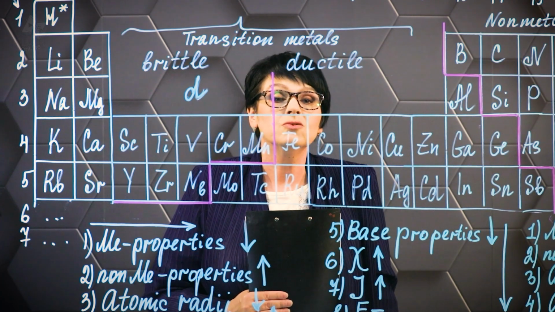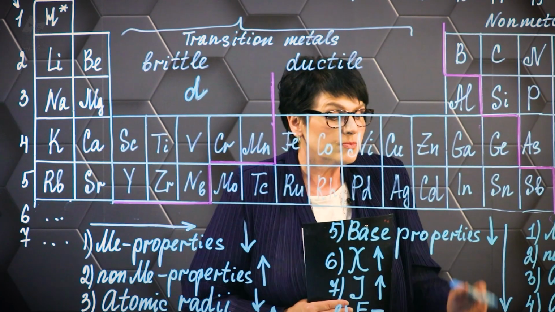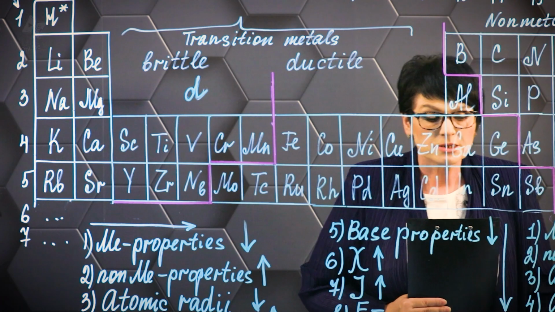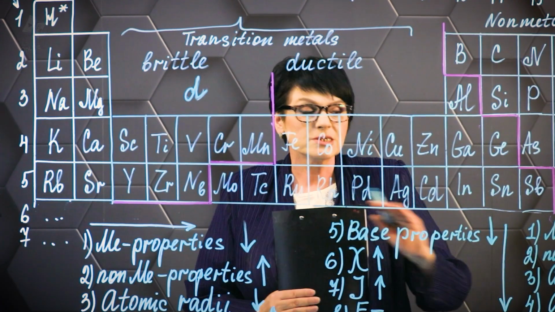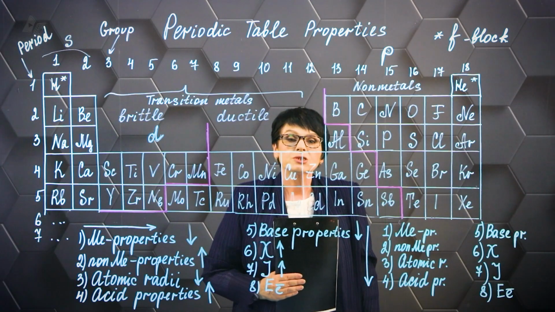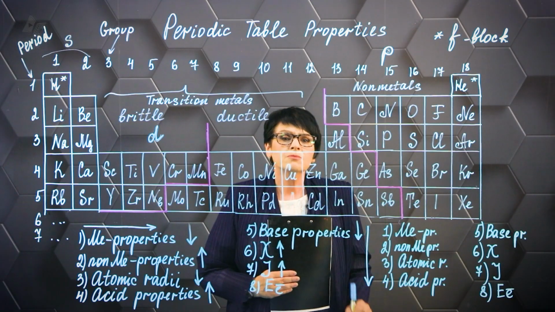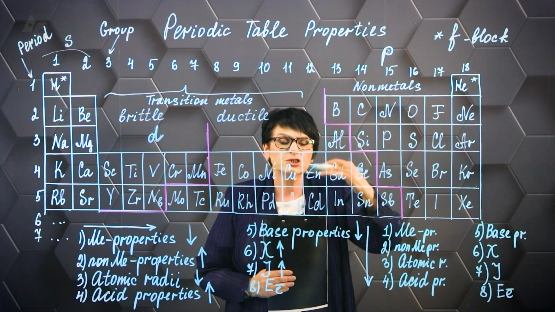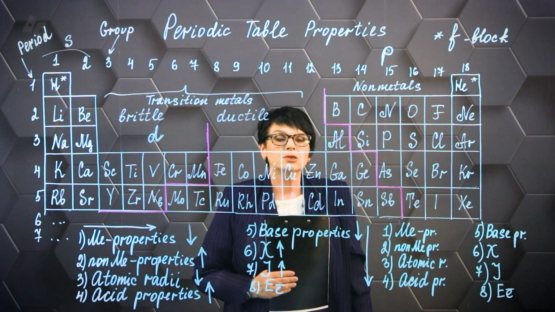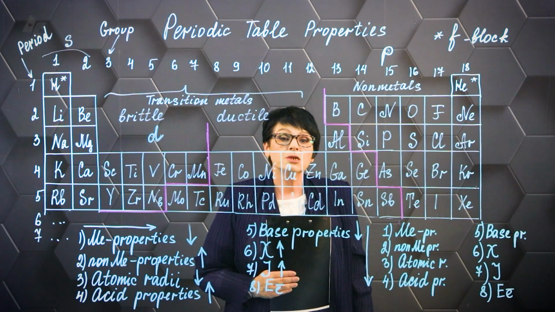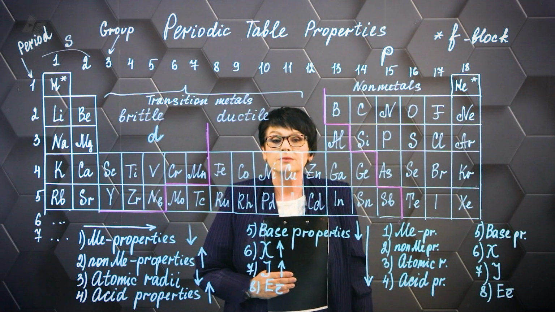Well, now let's look at how things are in groups from top to bottom. And we'll go in the same sequence. Metal properties. What I'd like to say here is that the lower down the metals are, the more energy levels they have, which means the attraction to the nucleus becomes weaker.